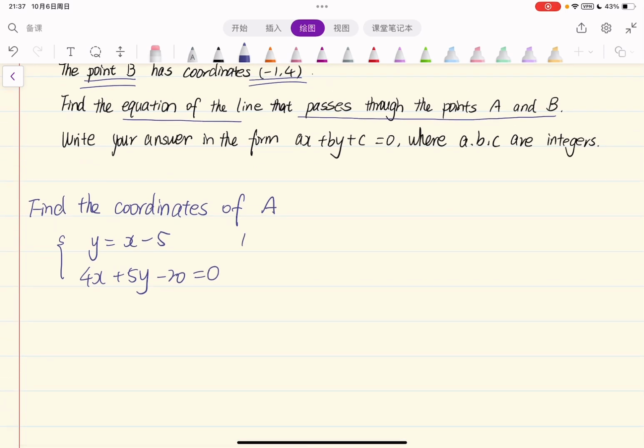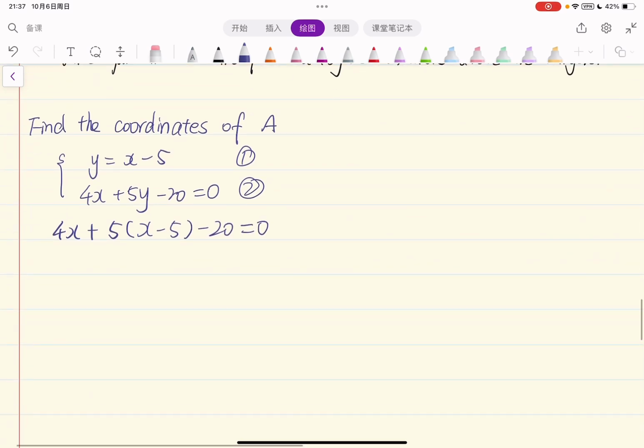We can substitute equation 1 into equation 2. So that is 4x plus 5 times (x minus 5) minus 20 equals 0. We rearrange that, we have 9x minus 45 equals 0.